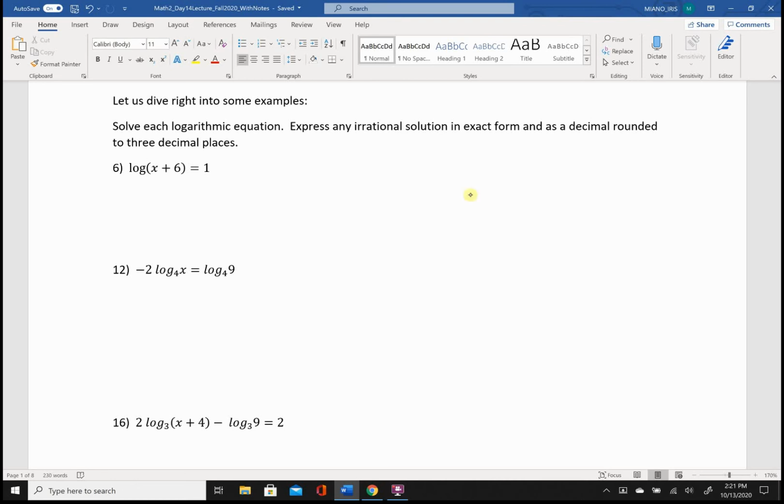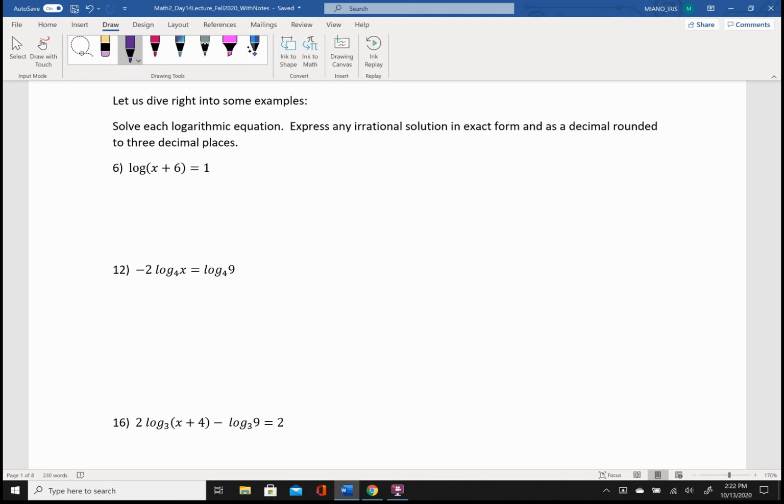Let's look at this first equation and recognize that we have a log with no explicitly shown base. So we know that that's supposed to be representing log base 10, right? It would behoove us, since the x we're trying to solve for is in the argument of the log, to convert it into its exponential counterpart.